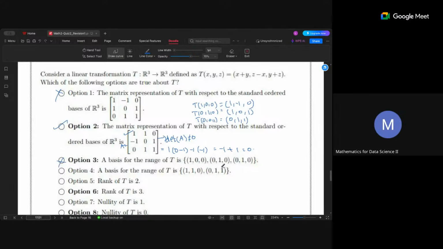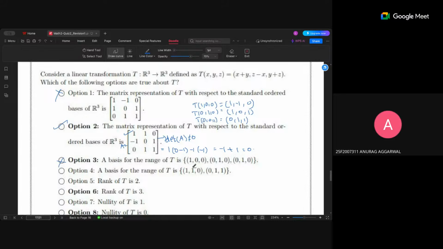Now you have to check whether this forms a basis for the range. Here you look at the column space. Here it is given as (1,1,0) and (0,1,1). So (0,1,1) is one of the columns. Can you get (1,1,0) by making any linear combinations of these columns?